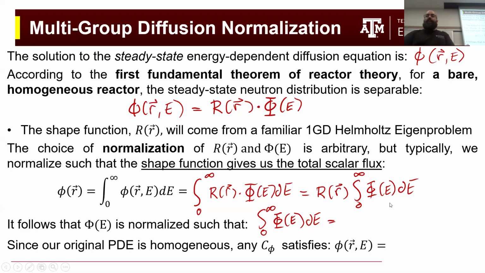It has to be one, right? So that's our choice of normalization. We're going to assume that if we integrate that energy function over all energies, by definition, that energy integral is equal to one. And if that energy integral is equal to one, then that's exactly what we want for our scalar flux to be exactly equal to that spatial shape function.